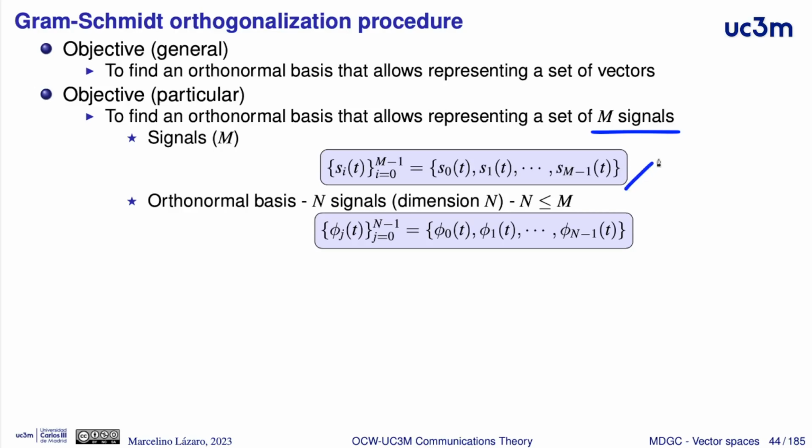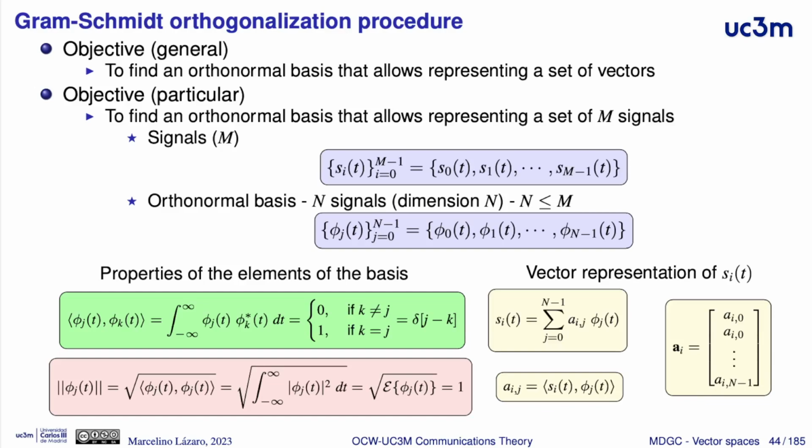We have M signals, S0, S1, up to S_{M-1}, and from these M signals we will obtain an orthonormal basis of dimension N that will be lower or equal than the number of elements in the space, and we'll use the notation phi0, phi1, and up to phi_{N-1} to denote the N elements of this orthonormal basis.